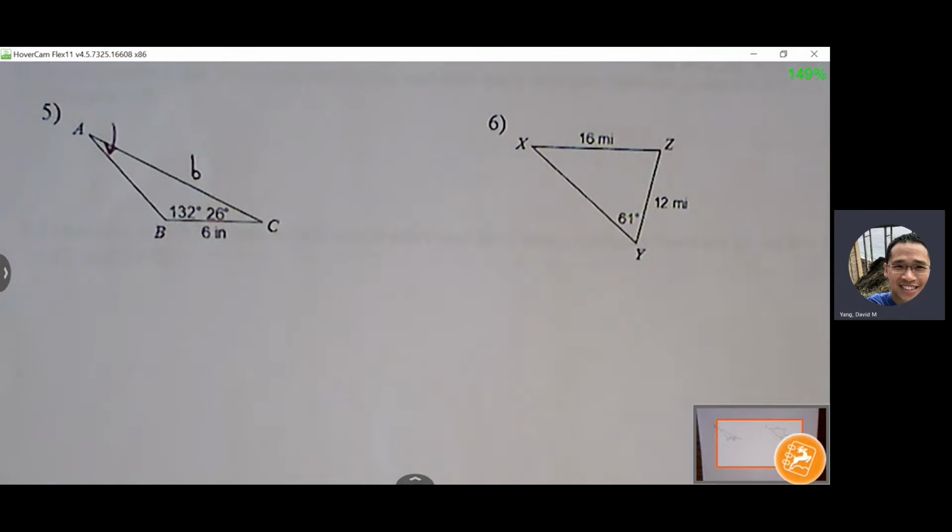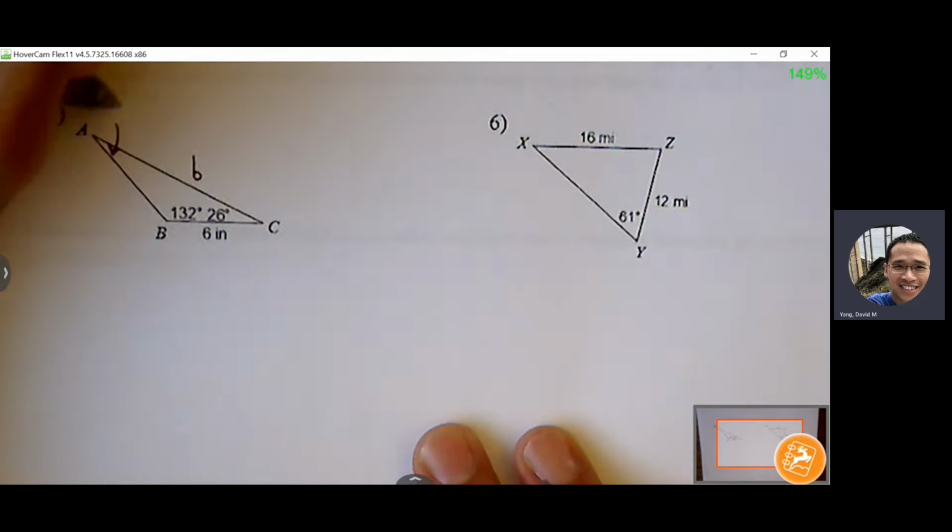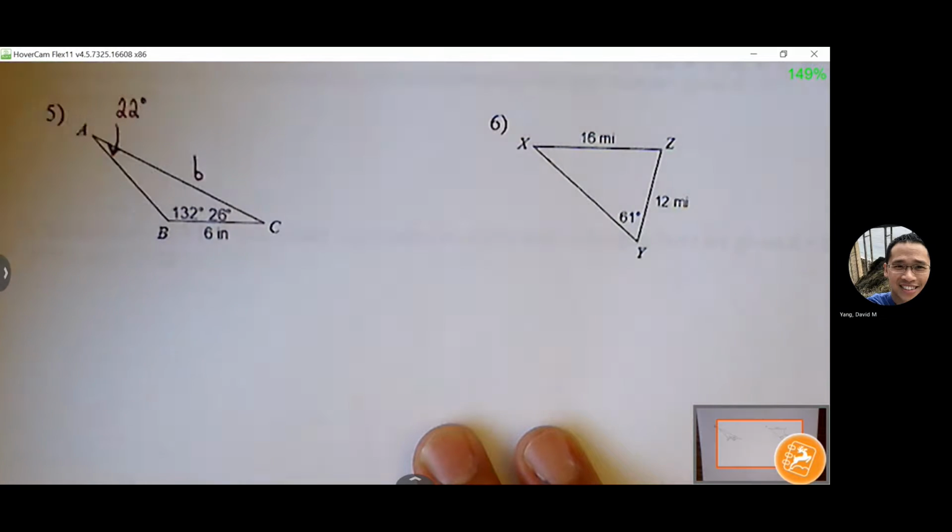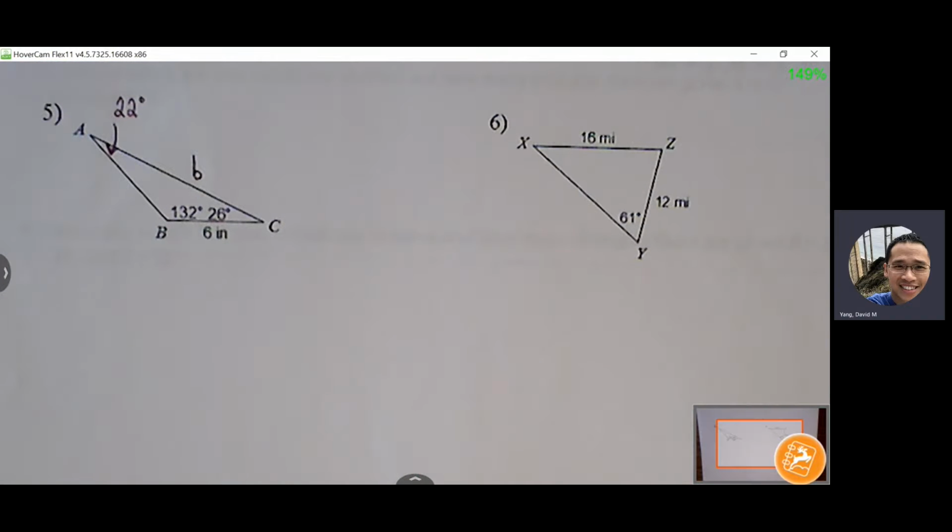Anytime you have 2 angles of a triangle, you can always quickly get to that third angle. Okay. You guys get 22 degrees? All right. So how would you move to solve for B? Yep, law of sines.